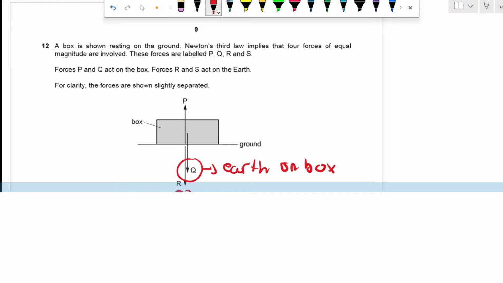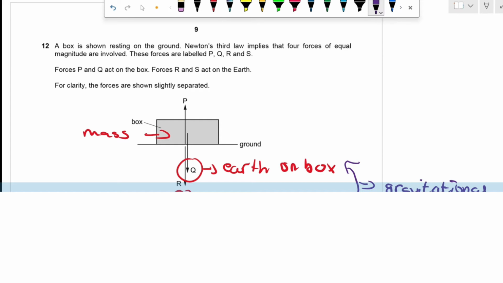Since the box contains mass, and since the earth also contains mass, the earth is going to pull the box down, causing a force Q. The box is also going to pull the earth up, causing a force S. And these 2 forces are related. They're brothers. They're known as gravitational forces.